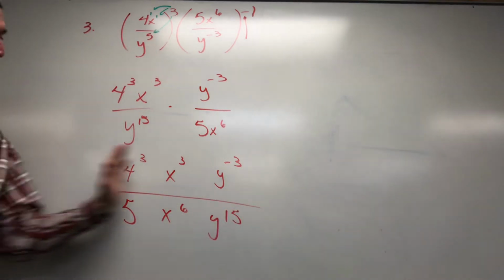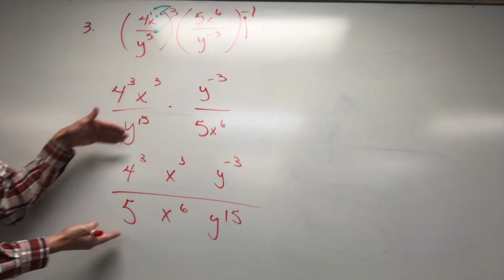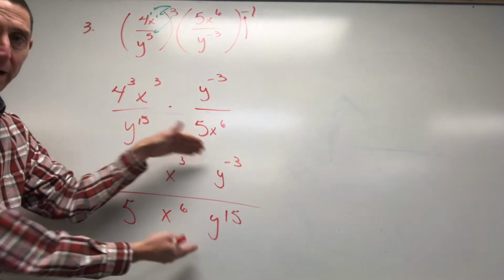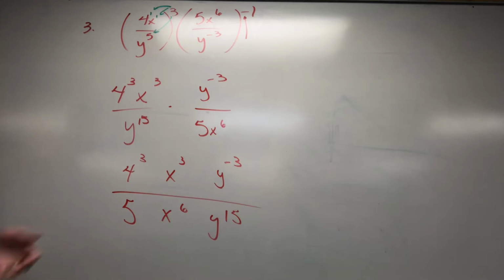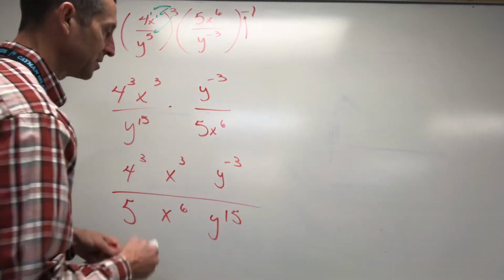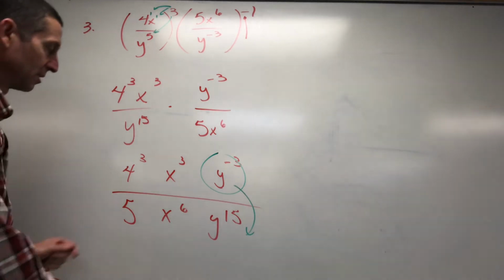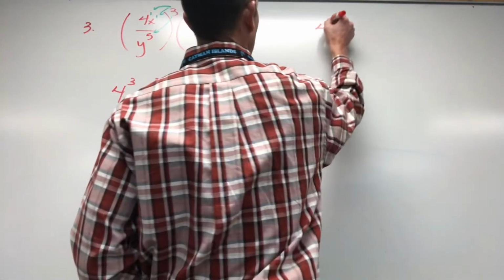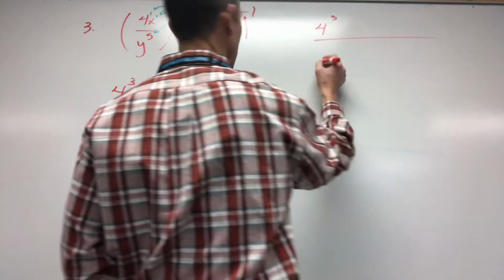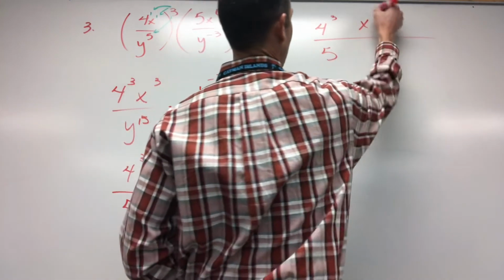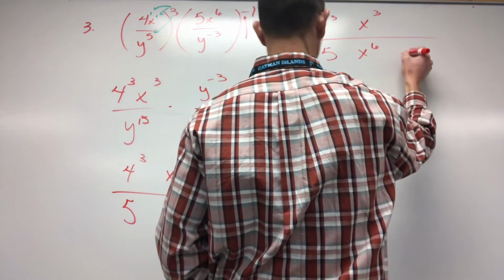So you get everything organized. I've got my numbers together, x's together, y's together. Makes everything so nice. I have this that I'm going to move down as a negative exponent. Let's go. So I've got 4 to the 3rd, there's a 5, x3, x6.